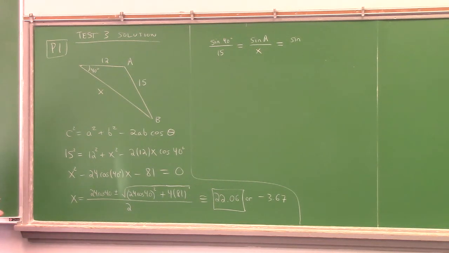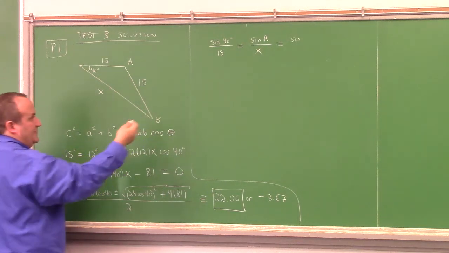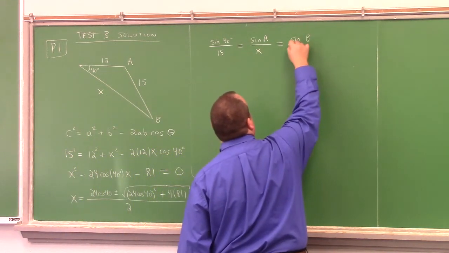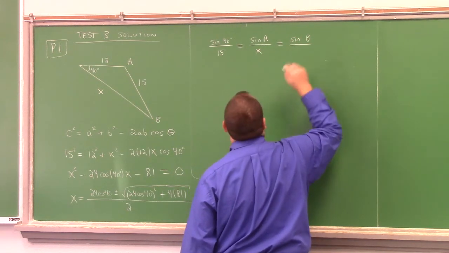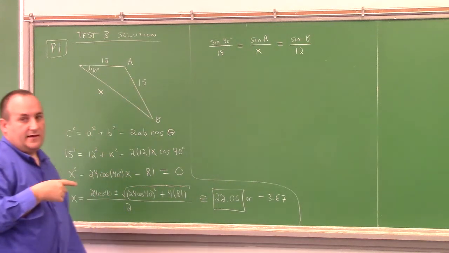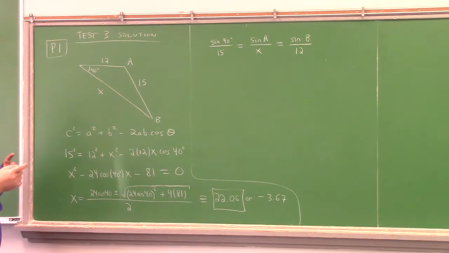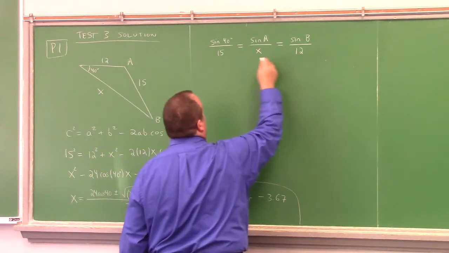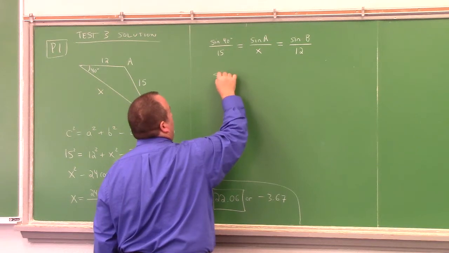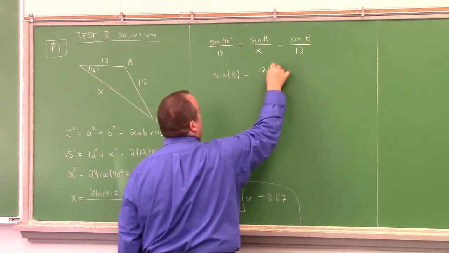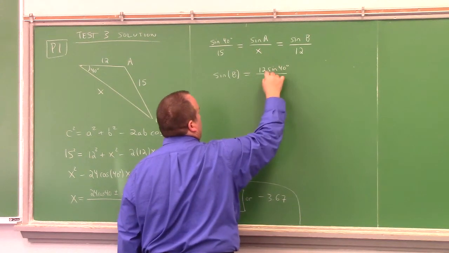Unfortunately. Let's give a name to this other one. Let's call it B, right? So sine of B over 12, right? So this is the law of sines. We can figure out what b is, because if we set this equal to that, we get sine of b is equal to 12 times the sine of 40 degrees divided by 15.